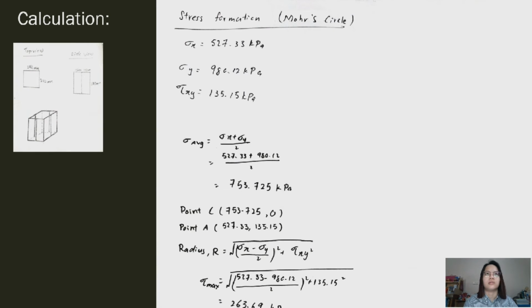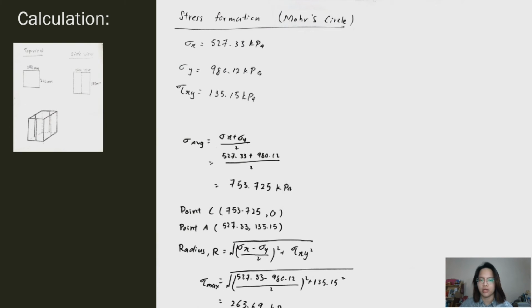For the next one is for the stress transformation, which is Mohr's circle. So from the calculations before, we will get sigma x, sigma y, and tau xy. Firstly, we'll be calculating the average normal stress, sigma average, using the formula sigma x plus sigma y divided by 2. For the coordinate of point C, the x coordinate is the average normal stress and the y coordinate is 0.